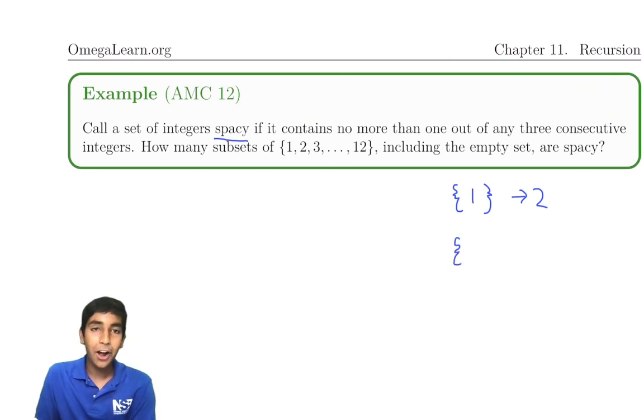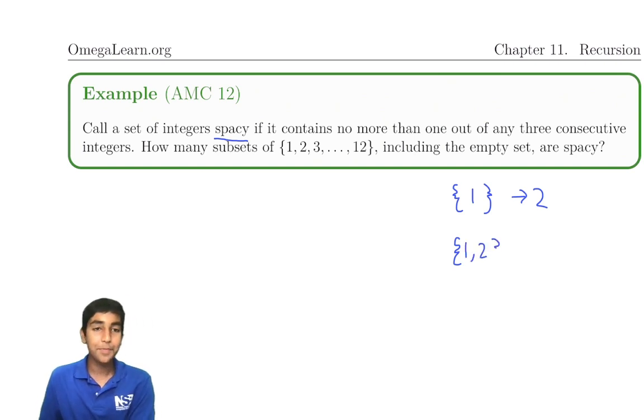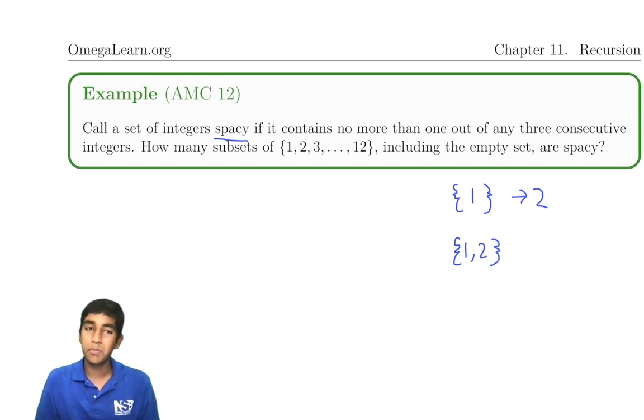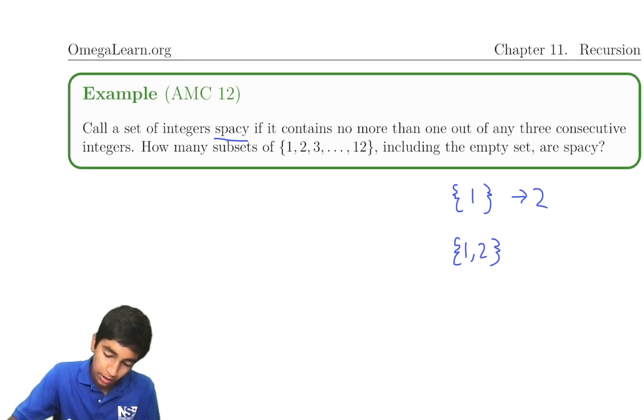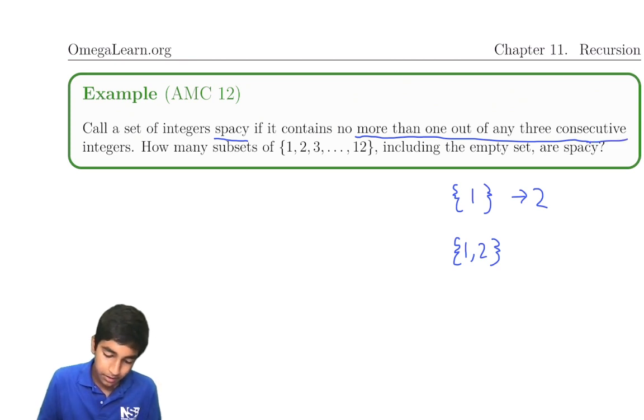Okay, next. 2. 1 and 2. Do all 4 cases work? Well, it turns out we can have one number just fine. We can have the empty set. But we can't have both of them. Because then more than 1 out of any 3 consecutive integers is contained.